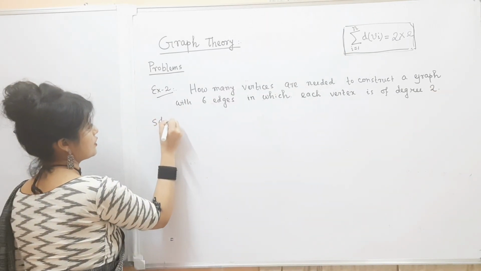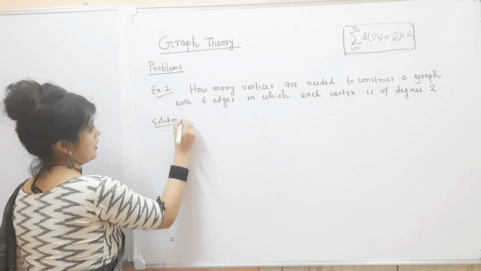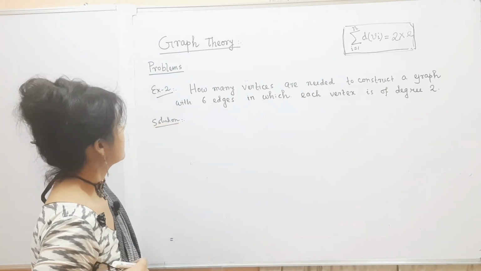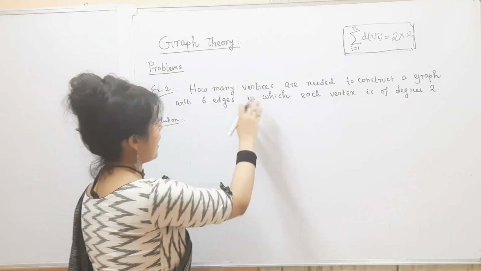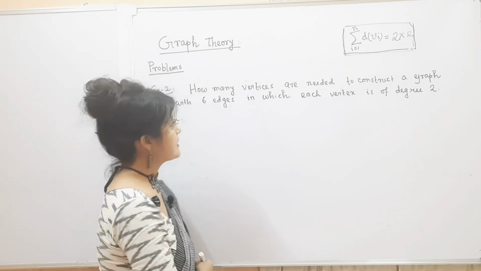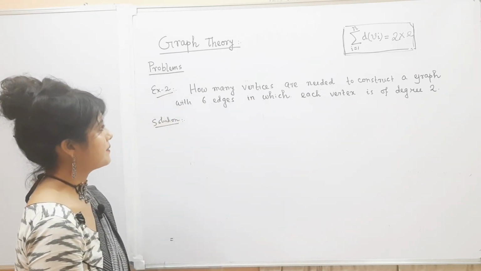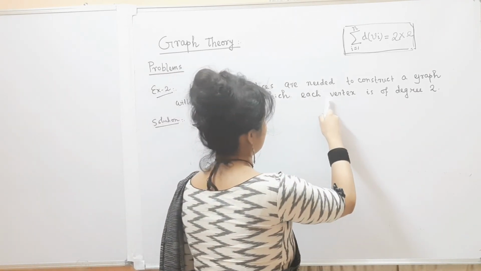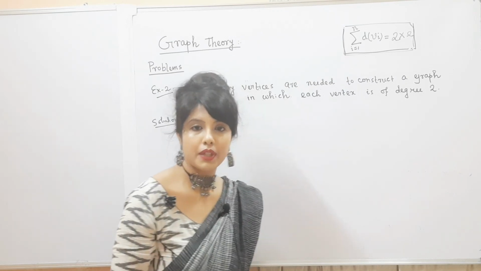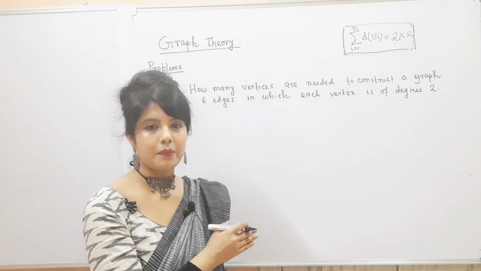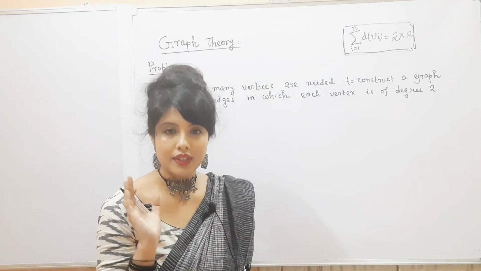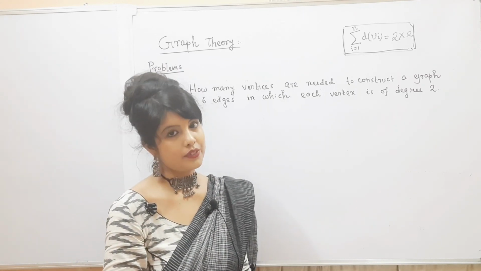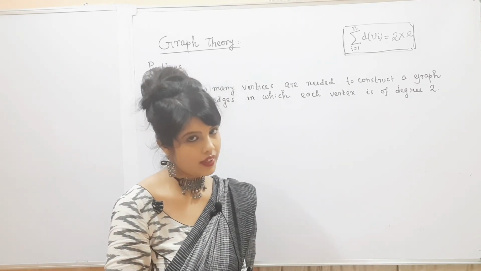So what is the solution? You have to find out the number of vertices, okay, and 6 edges are already given, and you have to remember that each vertex is of degree 2. In my previous problem, you had to find out the number of edges. Now in this problem you have to find out the number of vertices, okay.